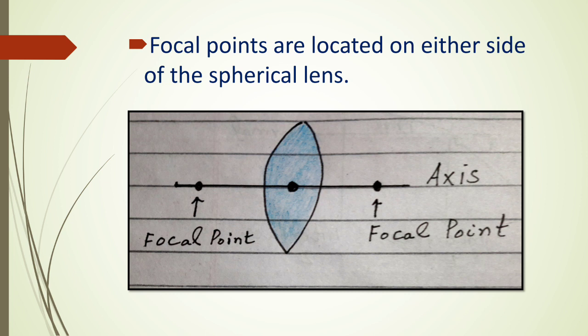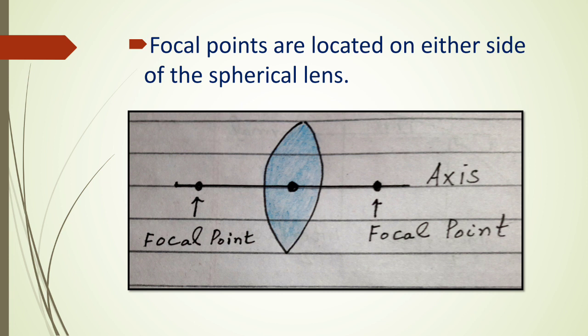Focal points are located on either side of the spherical lens. There is a focal point on the left side of the spherical lens, and there is a focal point on the right side of the spherical lens, and we will represent the focal point by capital FP in this lecture. So FP will represent the focal point.